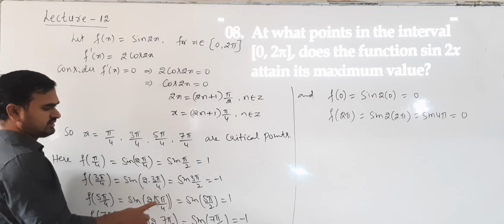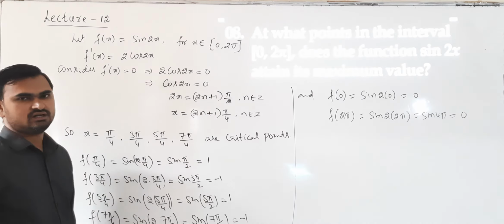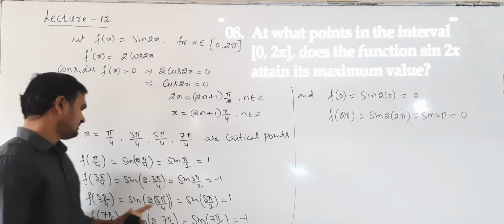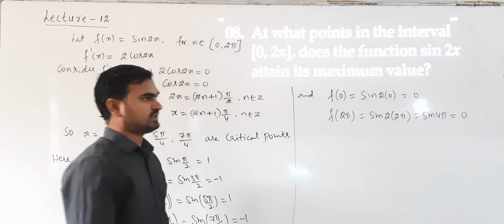And what is the absolute minimum? Absolute minimum is -1. Out of all this, the least value is -1. We get it at x equal to 3 pi by 4 and x equal to 7 pi by 4.